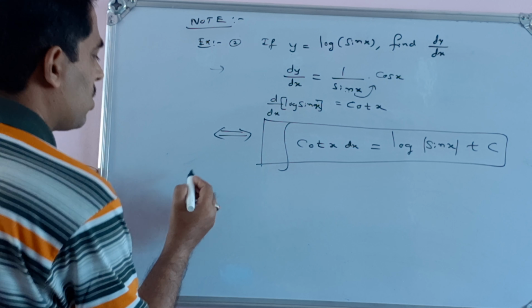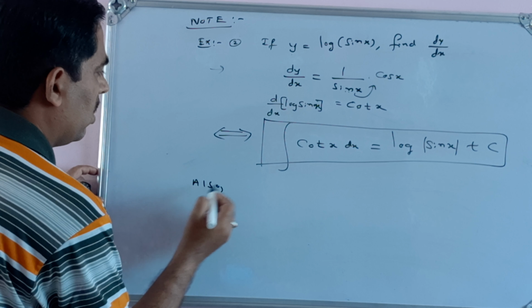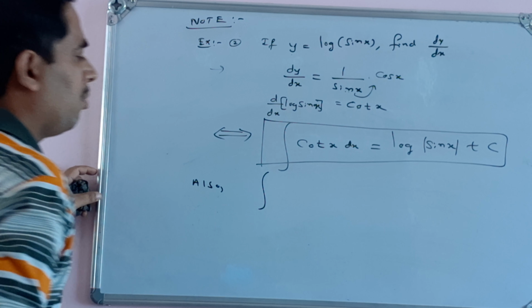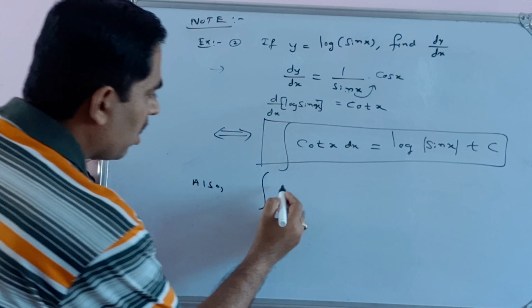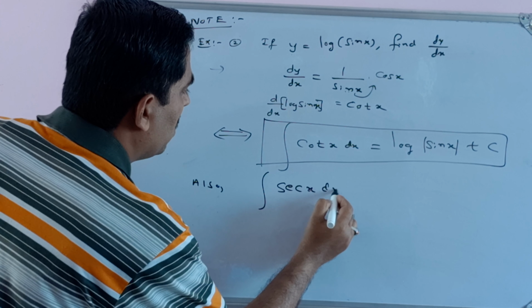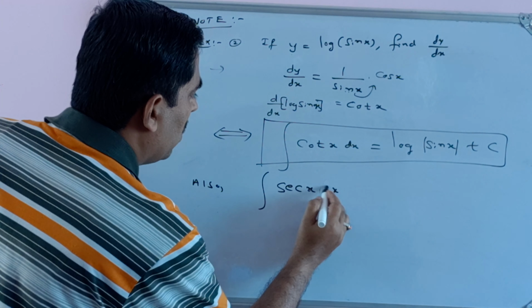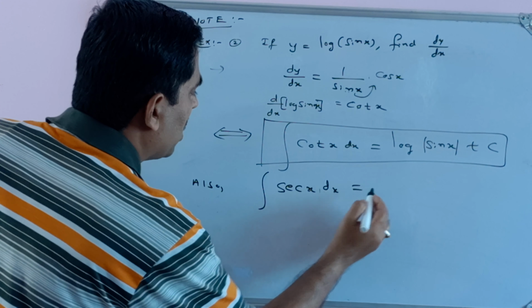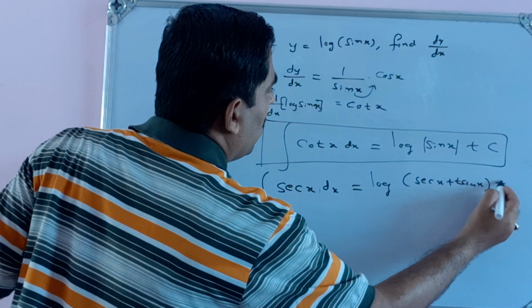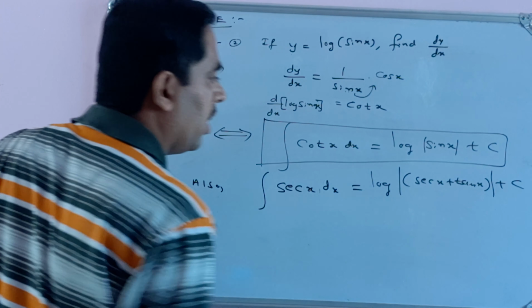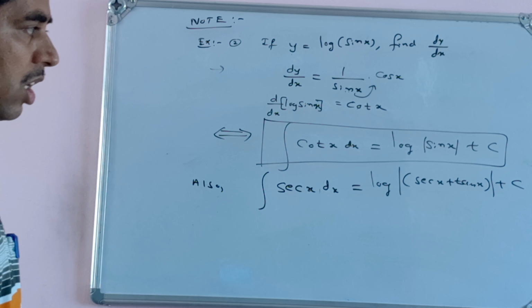Similarly, we can prove the other two results. Integration of secant x is log of secant x plus tan x, with mod, because it is a log function and log is always positive.